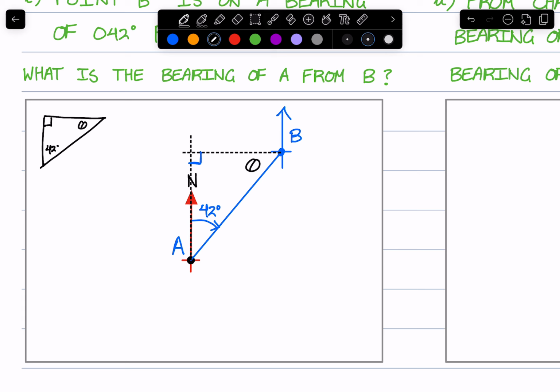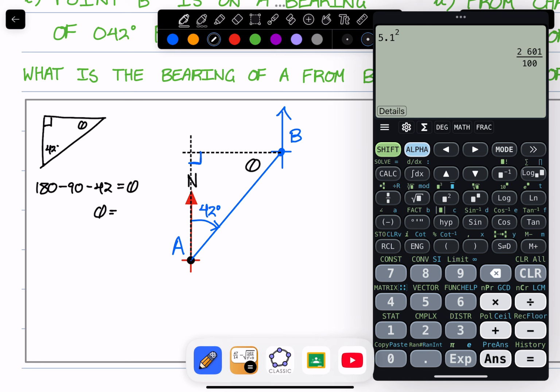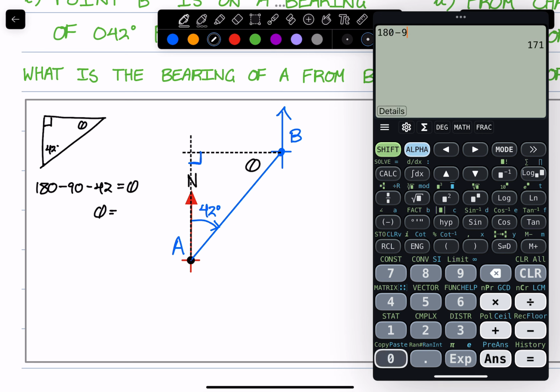Well, since the angles all add up to 180, we can just find 180 minus 90 minus 42. That will give us the missing angle. So theta, we can calculate here. So 180 minus 90 minus 42. That gets us 48 degrees.